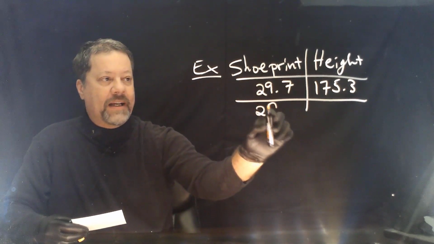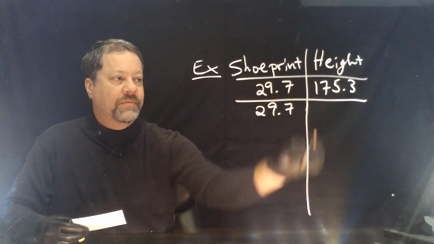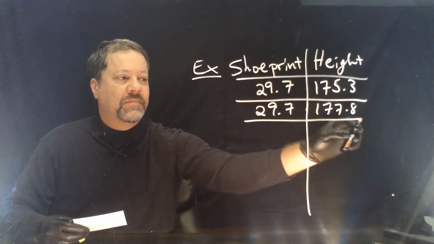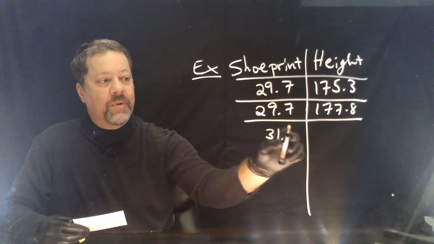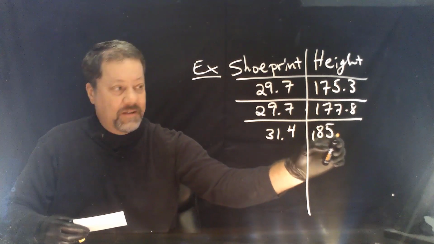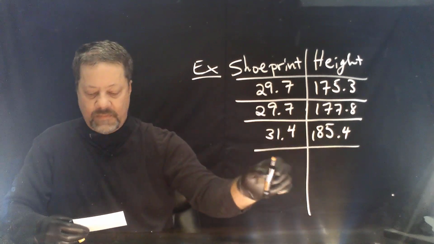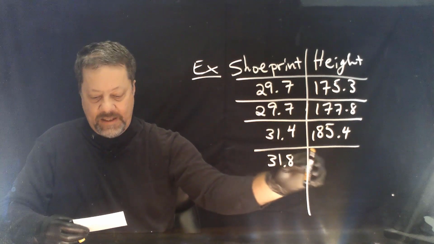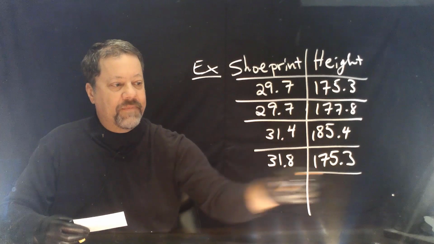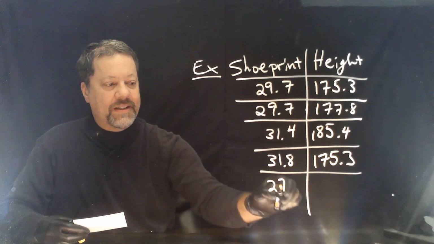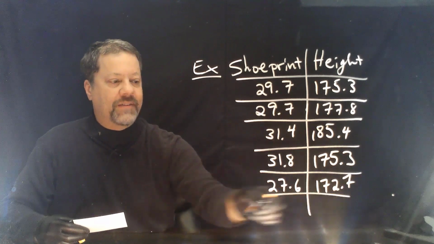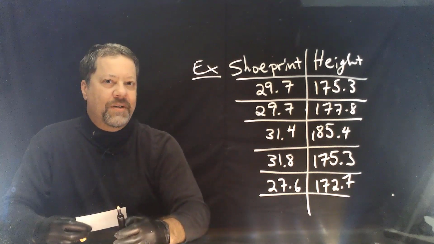The next one, 29.7 also, and then 177.8, 31.4 versus 185.4, 31.8 and 175.3, and then 27.6 and 172.7. I want to know a few things about this.